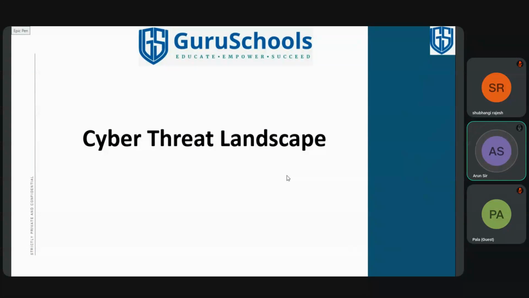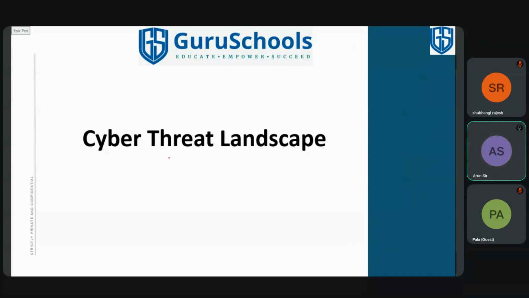So what is a cyber threat landscape? It is nothing but the areas over which a cyber threat is possible. So if you know your landscape, then only you will be able to protect it. If you don't know what my landscapes are, this might be the issue, and you may miss certain corners or certain things to secure.